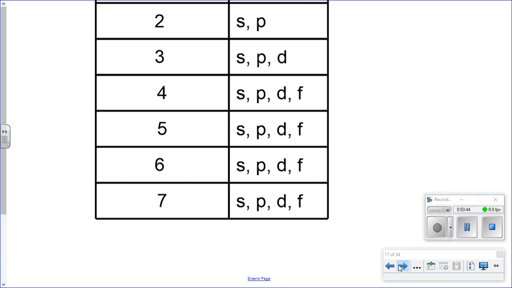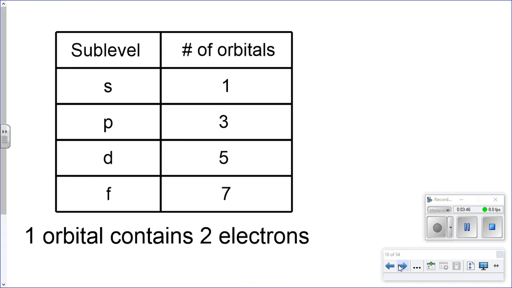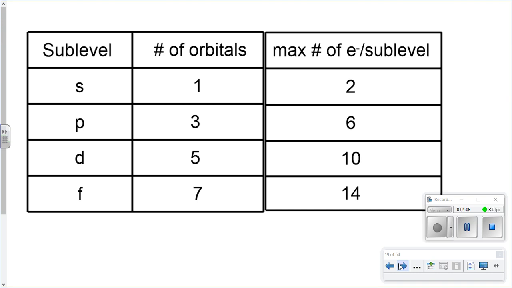Now, each sublevel has a certain number of orbitals. Notice I keep getting smaller: energy levels to sublevels to number of orbitals. S has 1 orbital. P has 3, D has 5, F has 7. We've already seen those numbers a few slides ago with those funky balloon shapes. And if every orbital contains 2 electrons, as it says on that slide, then the maximum number of electrons that S can hold is 2.